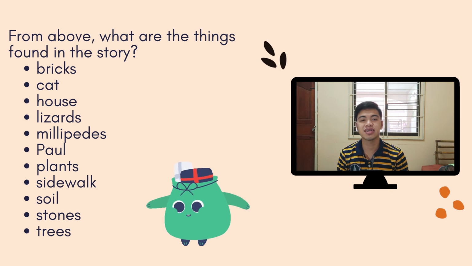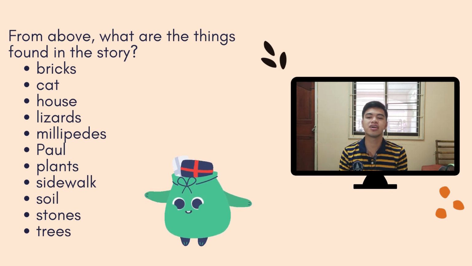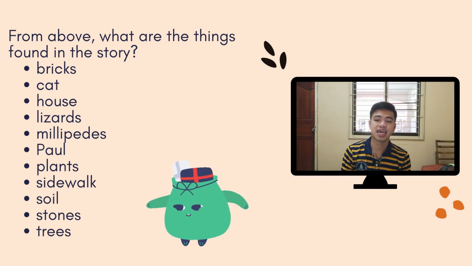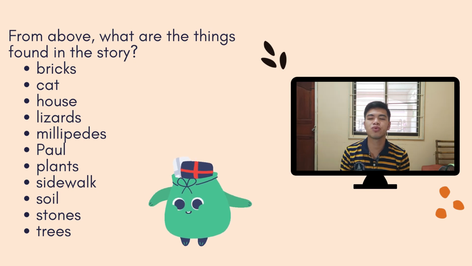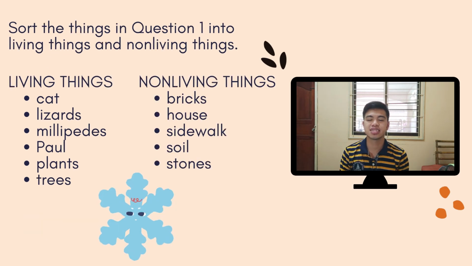So those are the things that Teacher Lance saw in the story. But also you can find more. You can find what things you can see in the story, okay? And then you're going to write it in the first part of the activity.